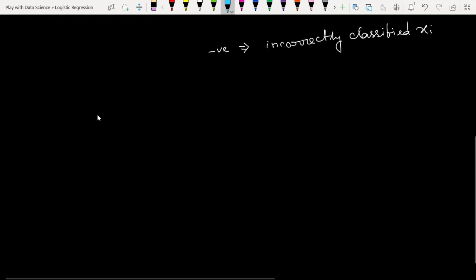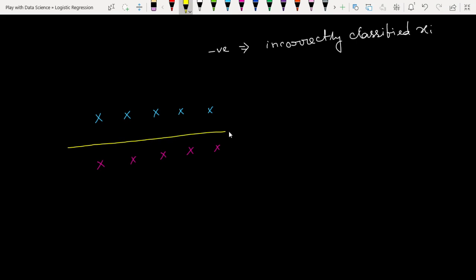We use blue ink to denote one class label and pink ink to denote the other class label. The best separator we denote as the yellow line.